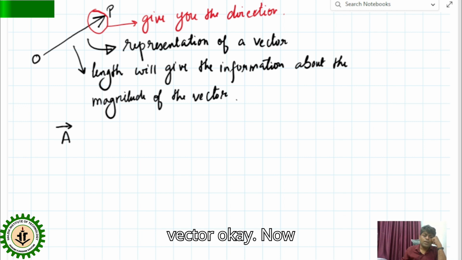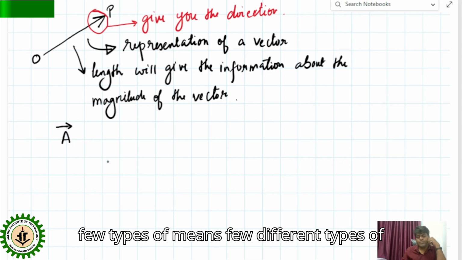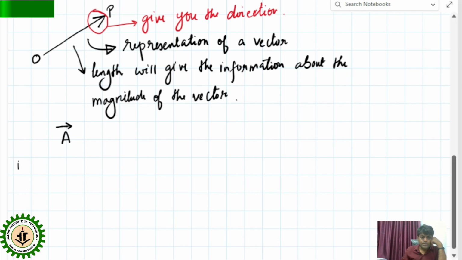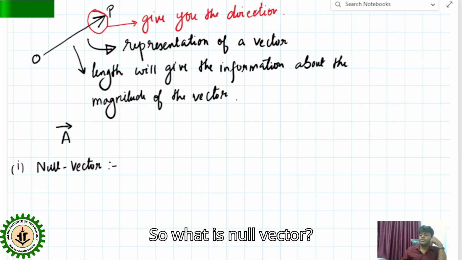Now we will learn a few different types of vectors. One is null vector. So what is null vector?